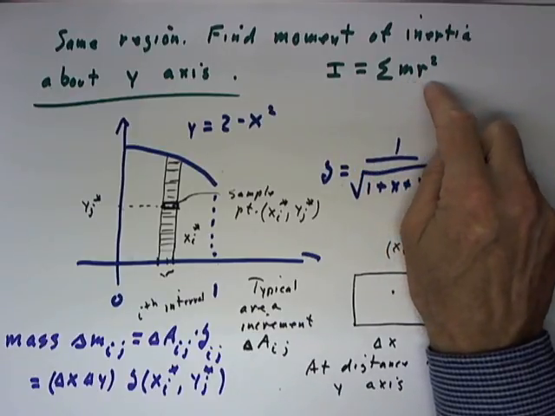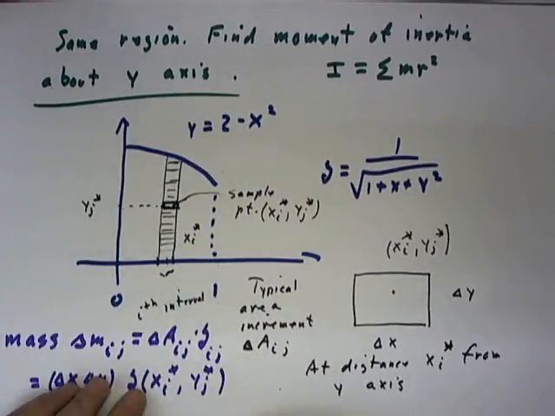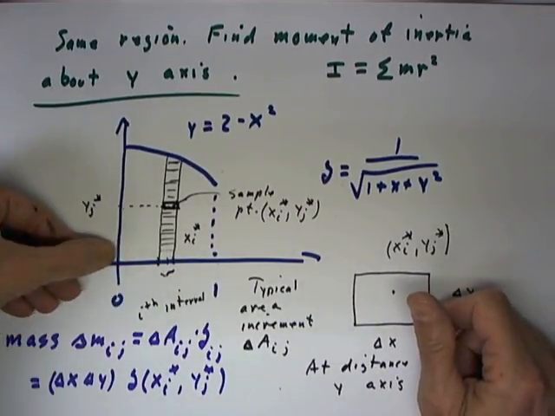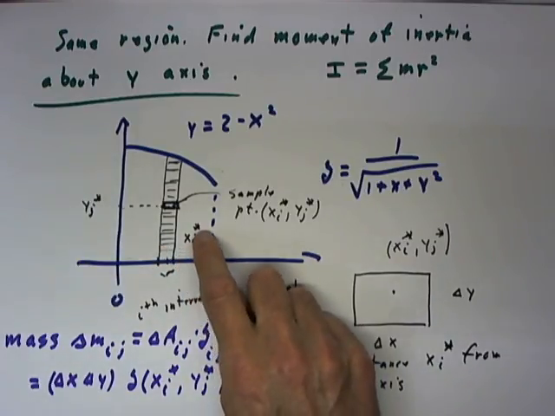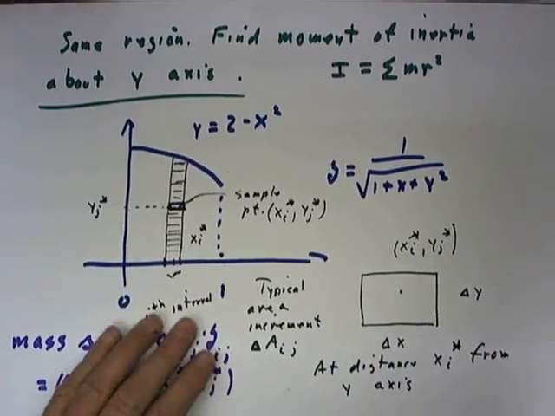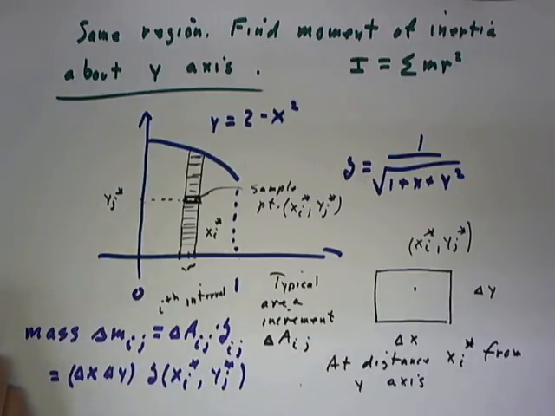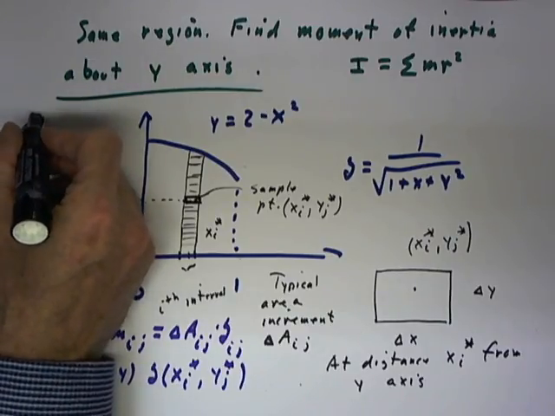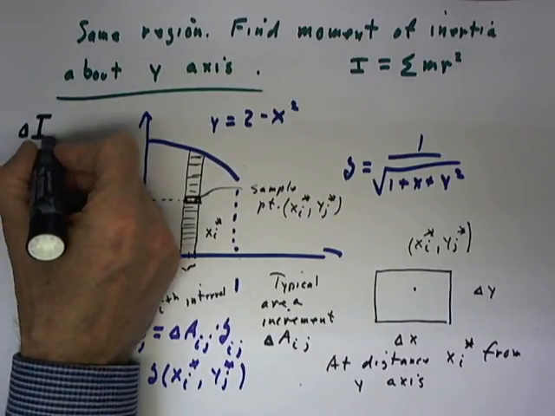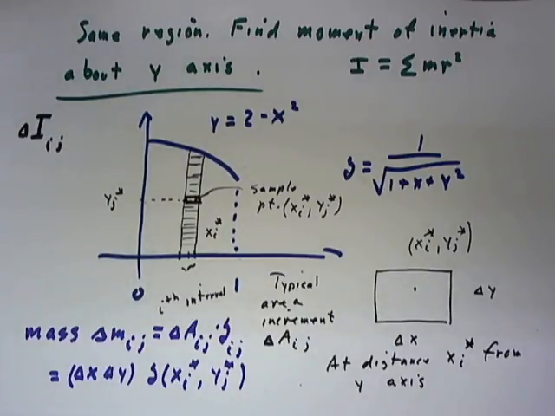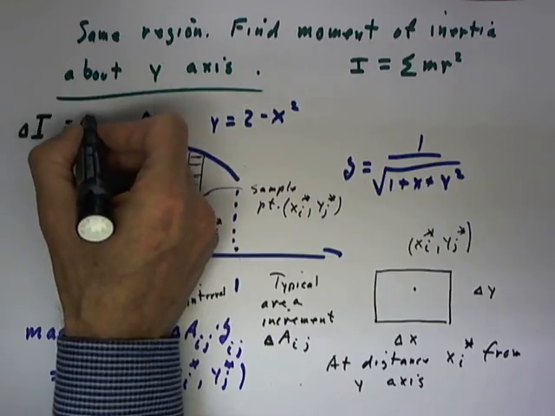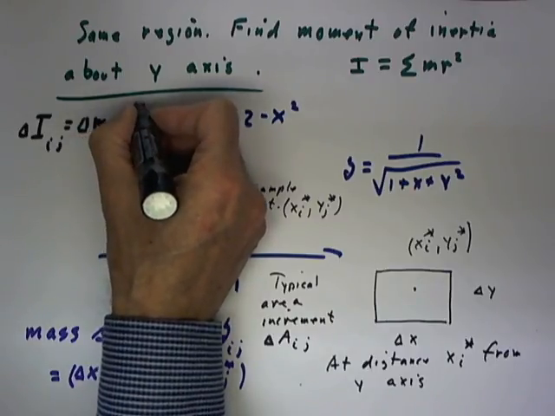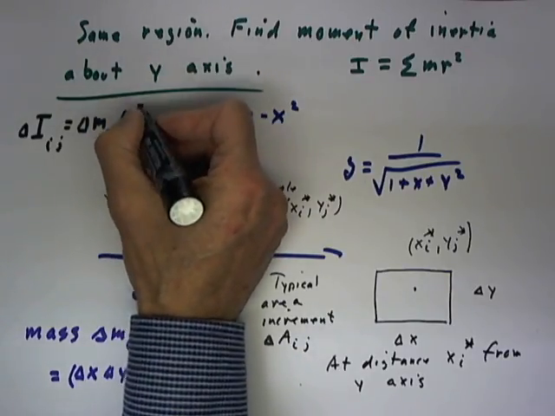Well, the moment of inertia is mass times r squared. r is our distance from the axis, which is the y-axis, so as we've seen, r is simply the distance from the y-axis to the strip that we're talking about, and that distance is going to be represented by the sample value x sub i star, so that the contribution of our ij interval to the moment of inertia is going to be written as delta capital I indexed by small i and j, capital I having nothing to do with small i, and that's going to be delta m ij times xi star, and we're running out of room here. This is that quantity squared.